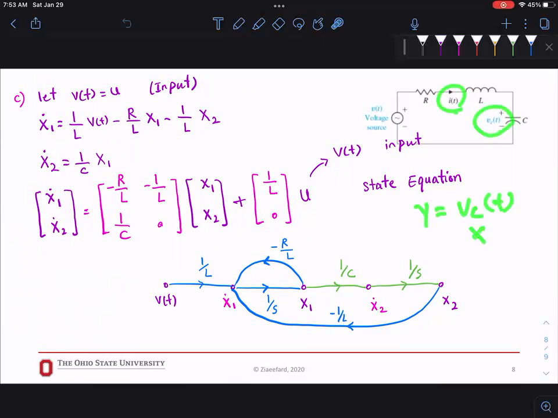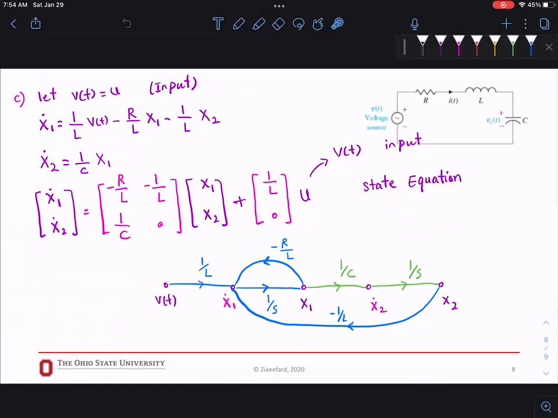Vc(t) is x2, so your y becomes x2. In the class lecture, there are 4 ways of writing the output. I put all 4 of them, so you can follow that, but it really depends on what you're controlling. You could also say, I'm not controlling anything, so your output y is 0, and you just write 0.